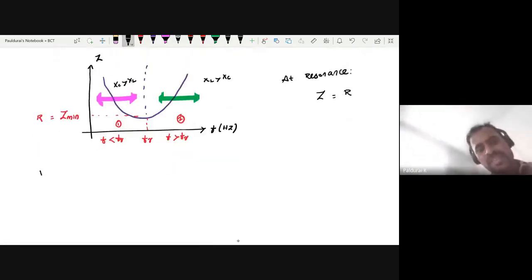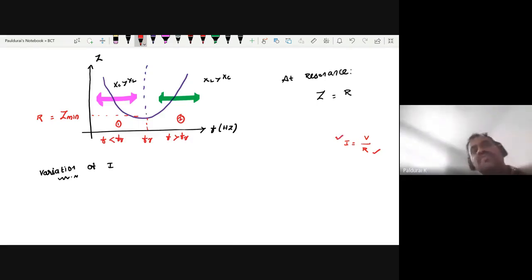Now the variation of current. As per Ohm's law, I equals V by R. Both impedance and current are inversely proportional to each other.